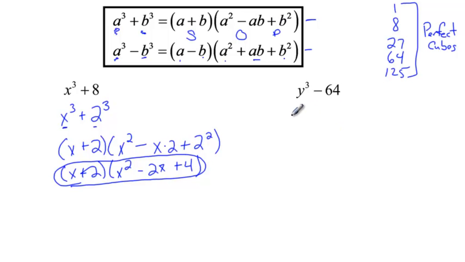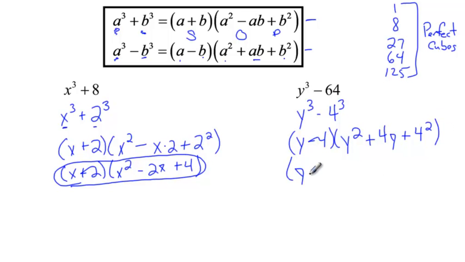So let's go on to y cubed minus 64. Well, y cubed minus 64 is like y cubed minus 4 cubed. That means y is like a, 4 is like b, and so now I'm going to say y minus 4 times y squared plus 4y plus 4 squared.